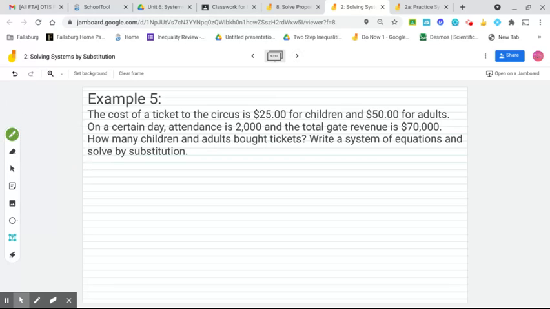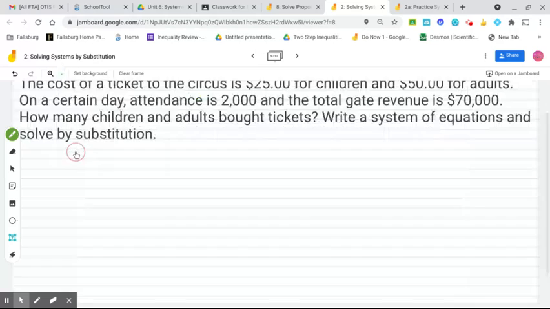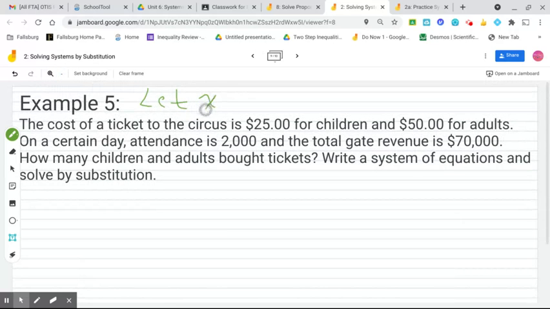So the first thing we have to do, we know we're going to have x, we know we're going to have y. We have to define our variables. So we'll say let x equal the number of kid tickets. And we'll say let y equal the number, and remember this is number, not hashtag, of adult tickets.